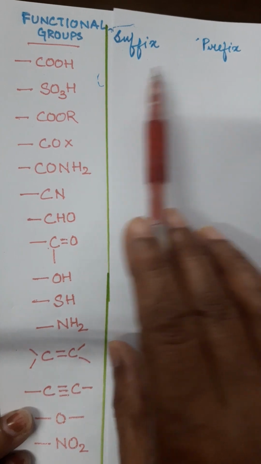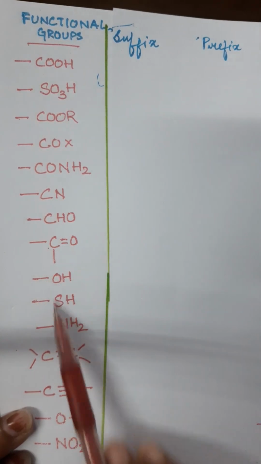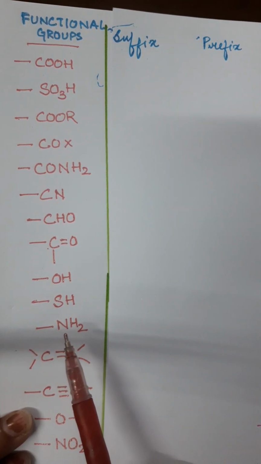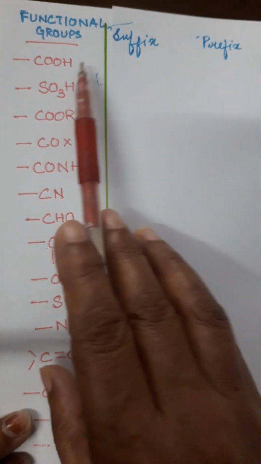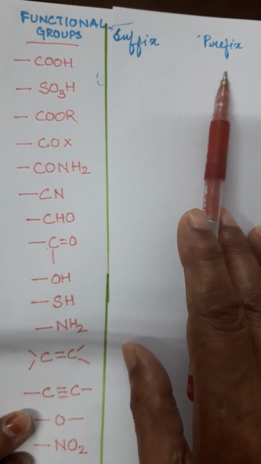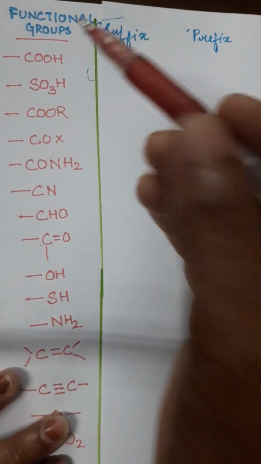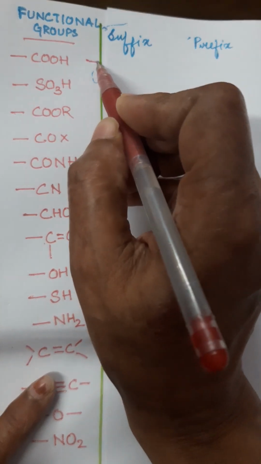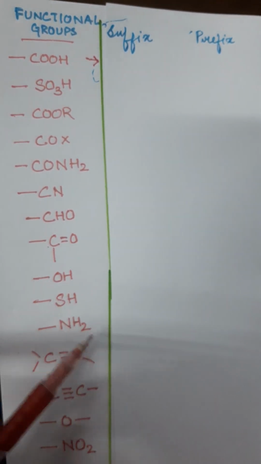Now one by one I shall write what these functional groups are named as in organic compounds, as suffixes and prefixes. Okay, so let's start. Number 1 is COOH.